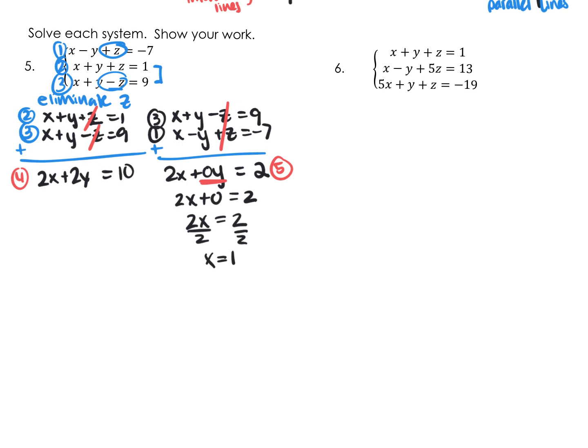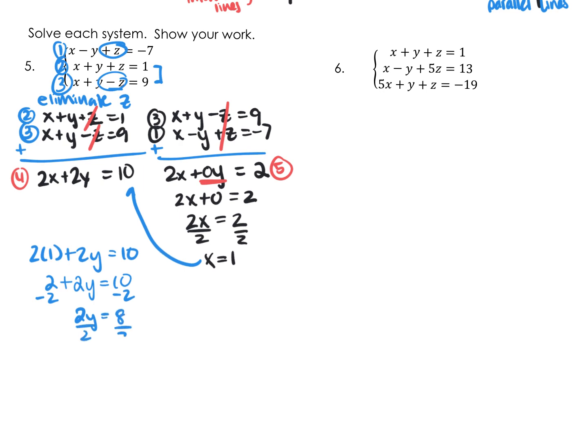So then we can take that and plug it into our other equation here and get y. I'll subtract 2. Divide by 2. And get y is equal to 4.